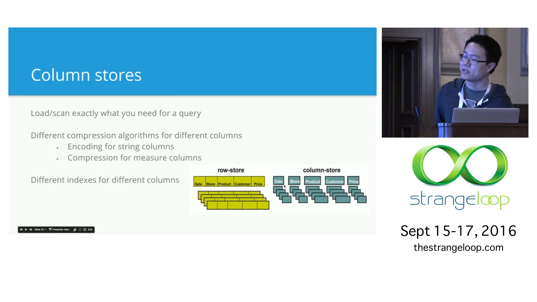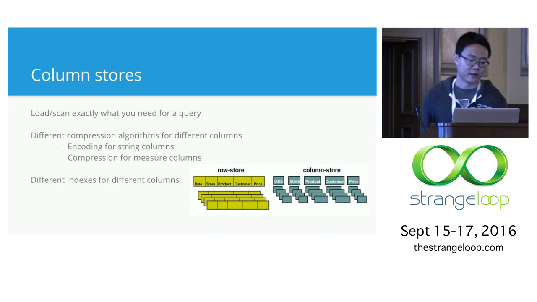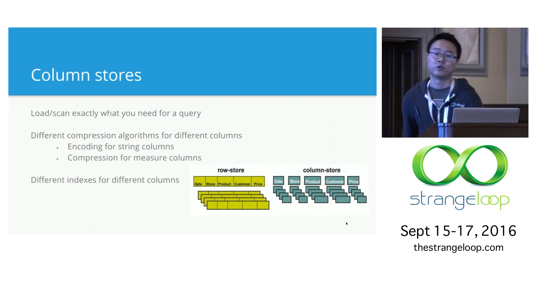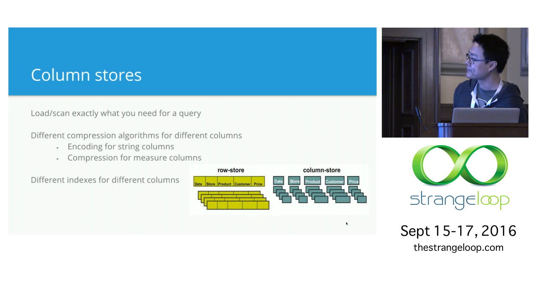And whatever columns actually pertain to your query then get used as part of that query. So if you issue a query filtered on product and price, and you want to calculate price for a certain date, you don't need to use this store column. You don't need to use this customer column. And it's just a lot more efficient for real-world queries and real-world data.